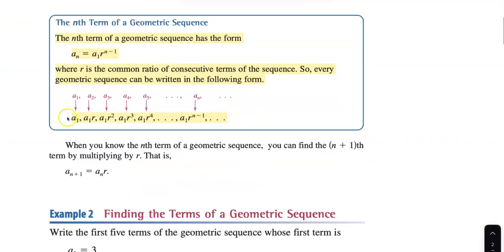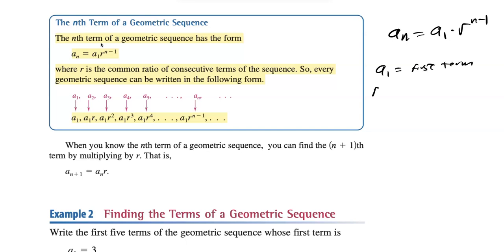So here's our basic formula for a geometric sequence. A_n equals A_1 times r to the n minus 1. So A_1 again is the first term. We have no d, but we have an r. r is a common ratio.